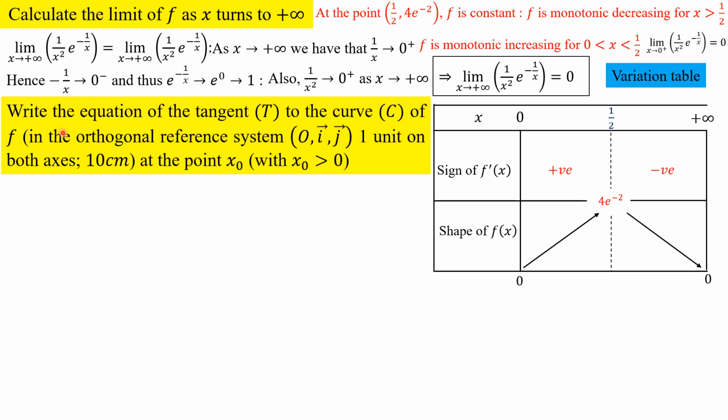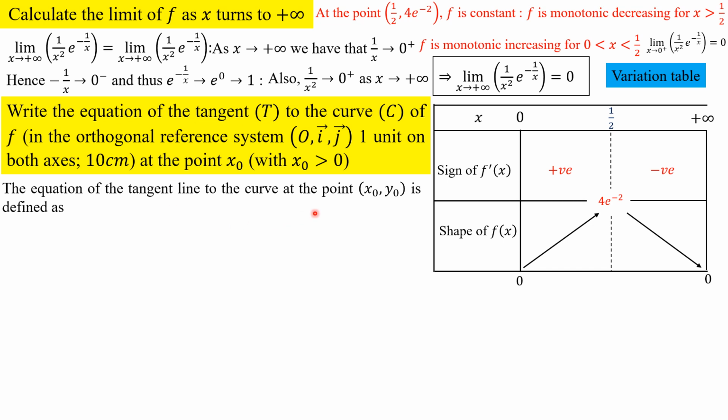Okay, next, write the equation of the tangent T to the curve C of f in the orthogonal reference frame OIJ, 1 unit on both axes for 10 centimeters, at the point x0 with x0 greater than 0. So the equation of a tangent line at the point x0, y0, where y0 is actually equal to f of x0, because I'm looking for the equation of the tangent at a point, and we have been given the x coordinate of the point.